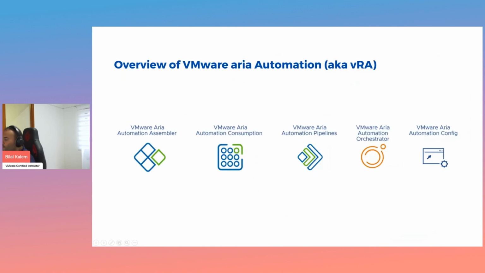So what is VMware Aria Automation? Generally speaking, this product is used by many companies. VMware Aria Automation is a cloud management platform that allows you to automate complex IT processes like provisioning VMs and workload deployment.